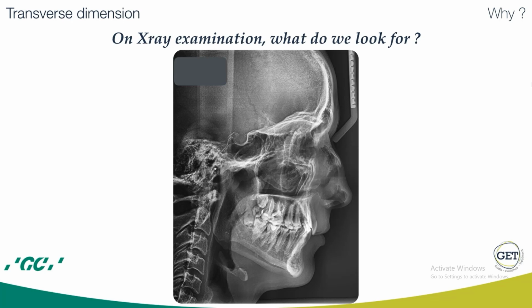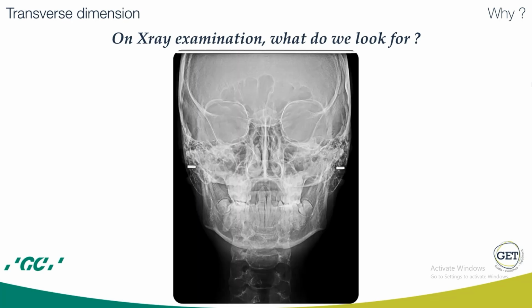Usually we do a lateral Ceph, and in this Ceph what we can see is sagittal and vertical also. We want to know, is it a high angle or low angle case? We would like to know our incisor position, cervical spine, airways. So all of this information is centered on the sagittal or vertical dimension.